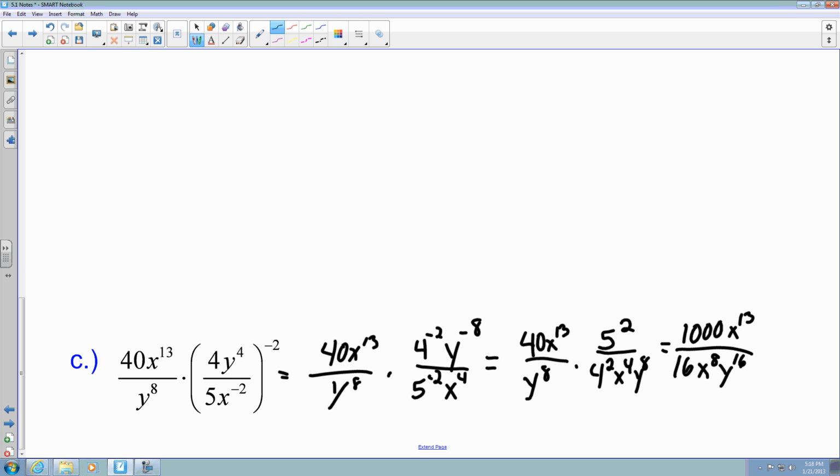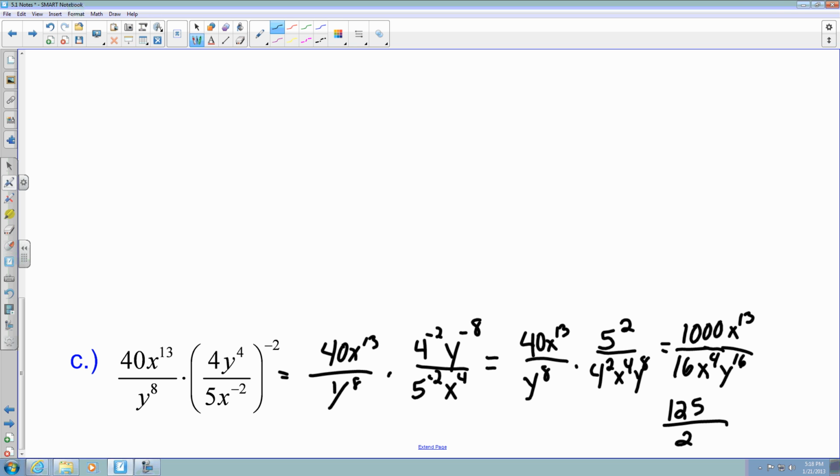Oh, I'm sorry, why do I have x to the 8th over here? I'm sorry about that. It's x to the 4th. My apologies. And what I can do is simplify this. 1,000 divided by 16 can be 125 over 2.